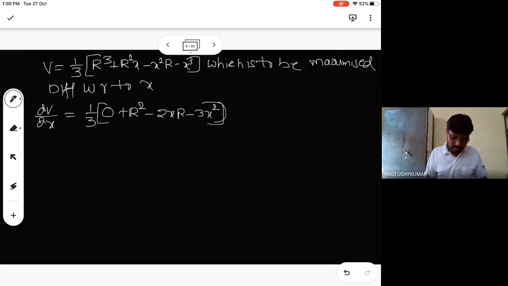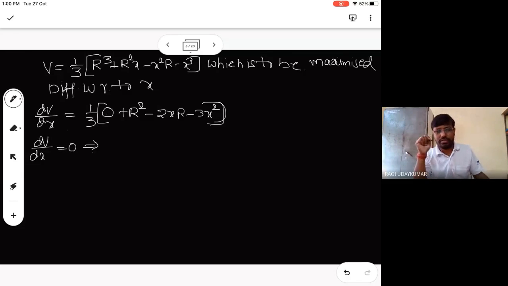And this we have to make equal to 0. Why should we make it equal to 0? To find critical points.